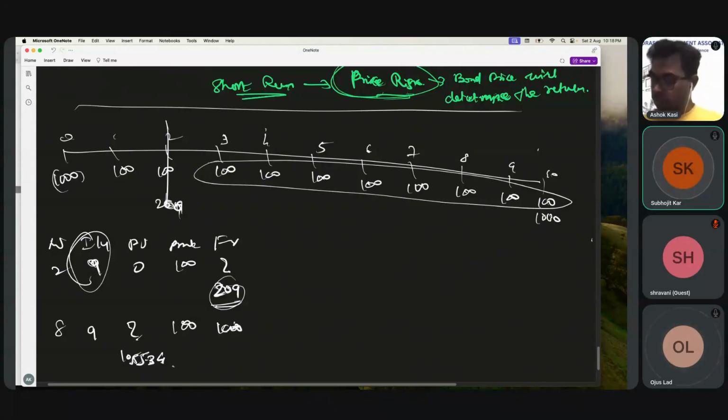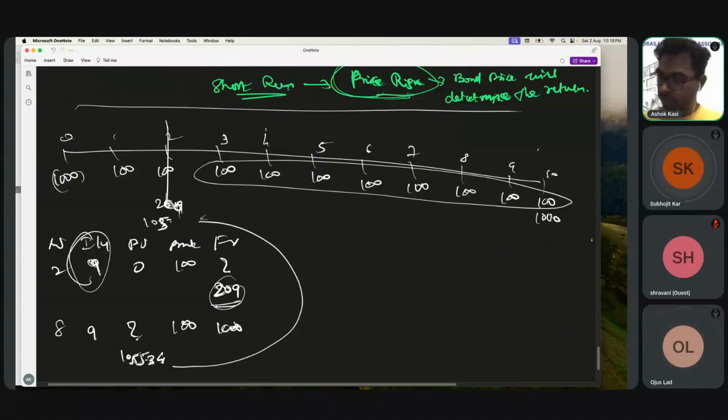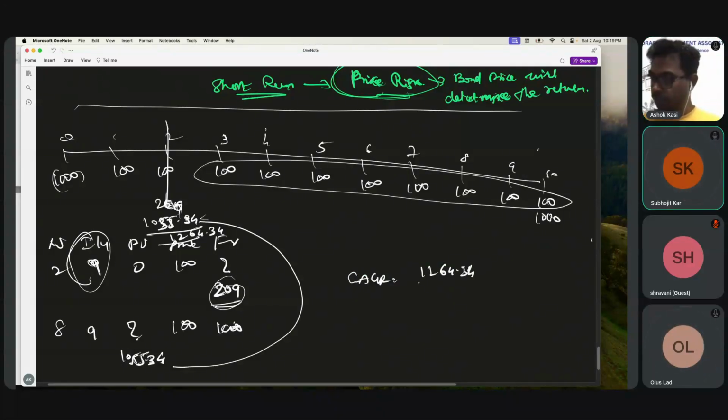And the total is 1264.34. So that means CAGR, compounded annual growth return, is closing value 1264.34 divided by 1000, raised to 1 by 2, minus 1, which is 12.44%.